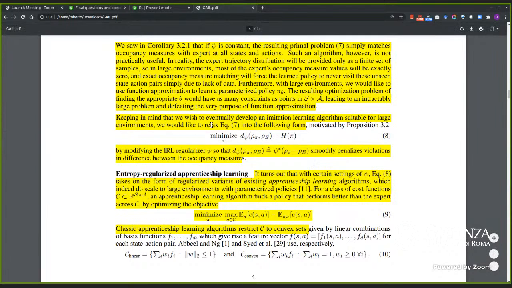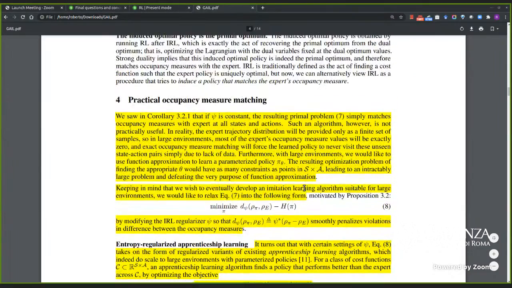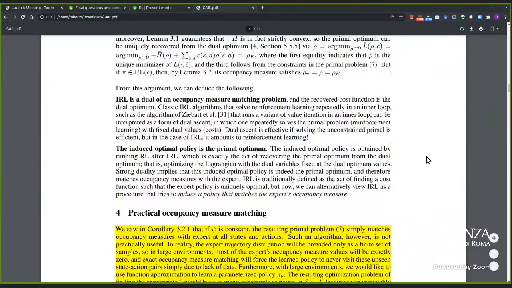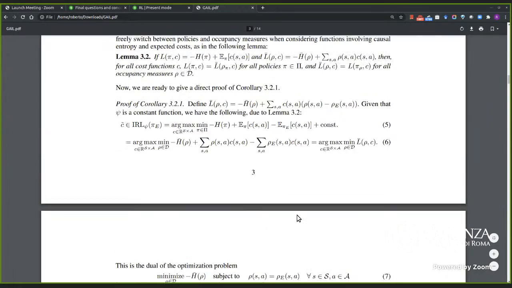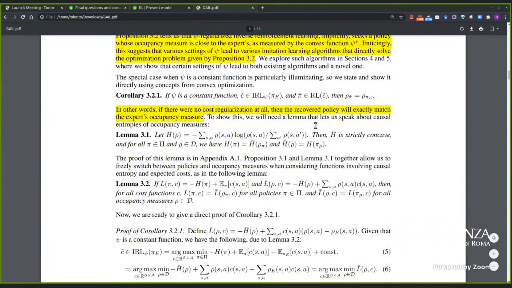So keeping in mind that we wish to eventually develop an imitation learning algorithm suitable for large environments, we would like to relax equation 7, which is the one that we have been looking at before. We didn't look at this actually, but it's this one, where they were basically solving this situation.